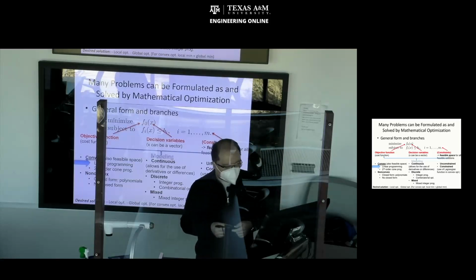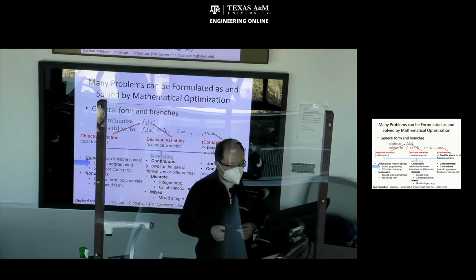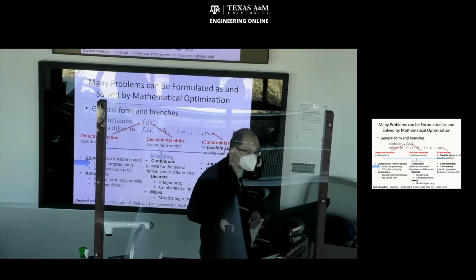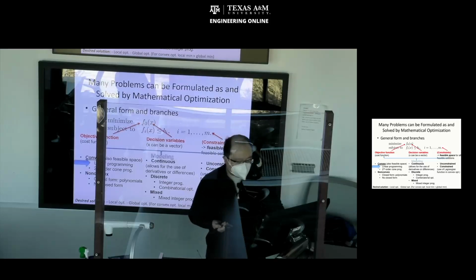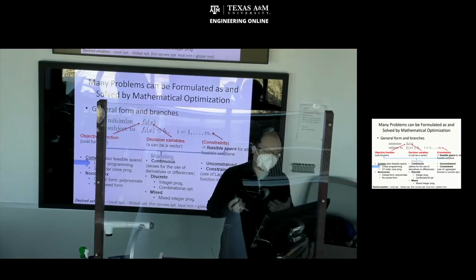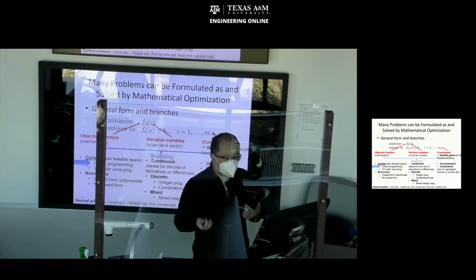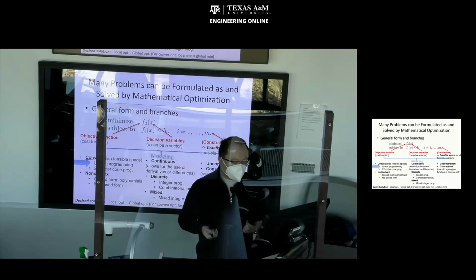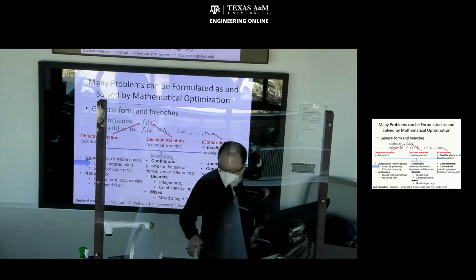Of course, among convex optimization, the easiest is linear programming that we're gonna briefly talk about and continue today. And we also learned about the other kinds of types of optimization depending on the decision variable and the constraints, okay? And you can rewrite a constrained optimization problem into unconstrained using the Lagrangian function, okay?